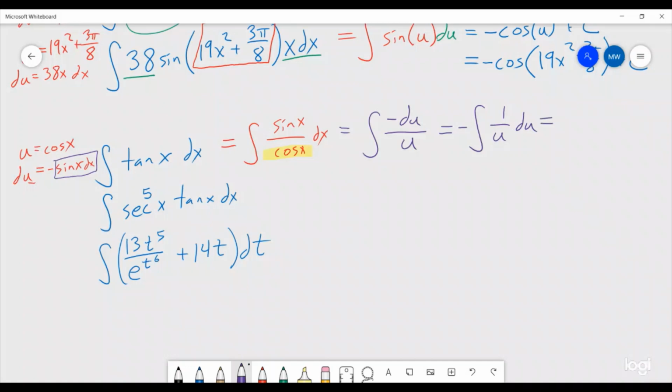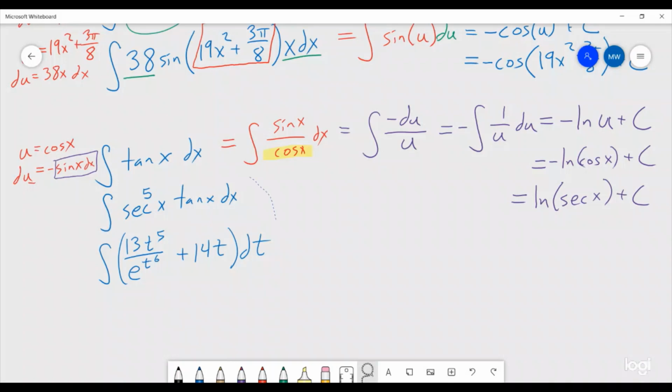Well, that's one of those that we know, so that's negative natural log of u. Well, natural log of u, that's going to be natural log of cosine. So negative natural log of cosine of x plus c. And you can also rewrite this using some log rules as being natural log of secant x plus c. And there you go. That's how you would be able to do this problem.